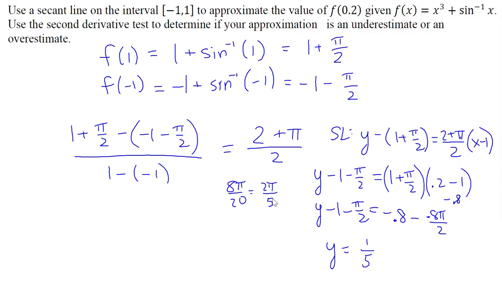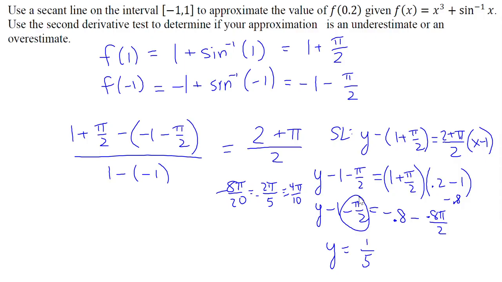So I've really got 2 pi over 5 plus pi over 2. Or really, I guess we should rewrite that as 4 pi over 10. And then we're going to add to that negative 4 pi over 10, right? Because those are all negatives. We're going to add this over, which is 5 pi over 10.